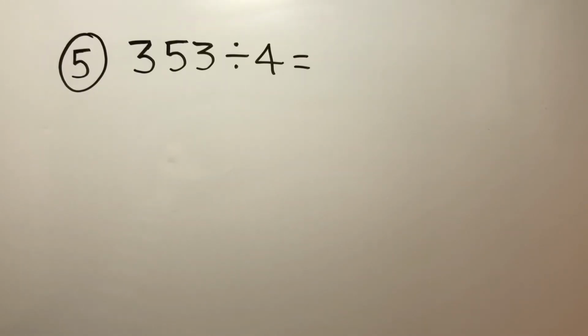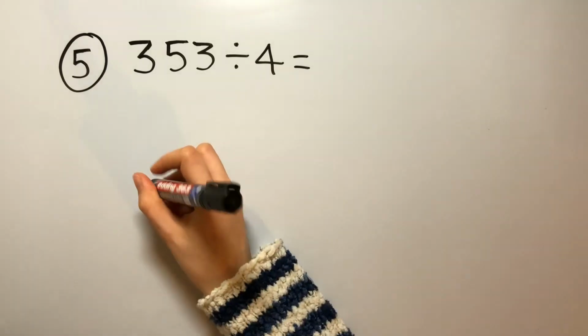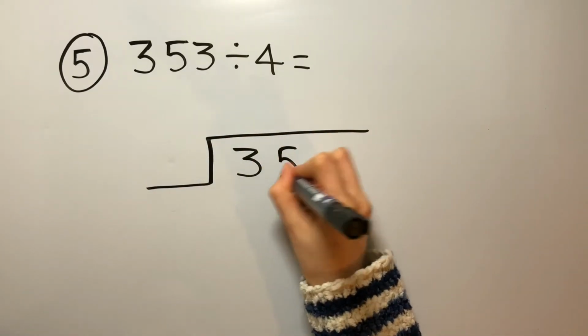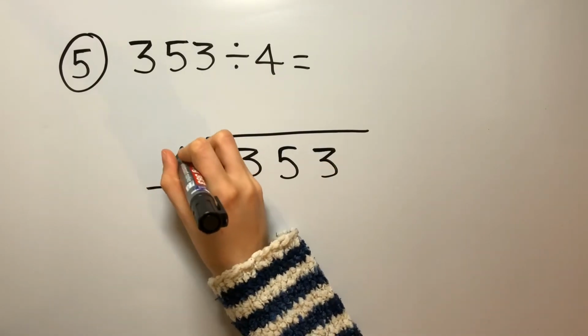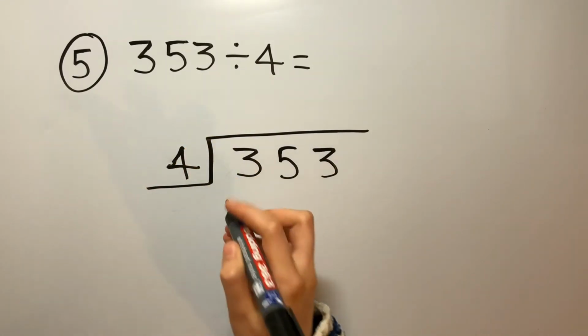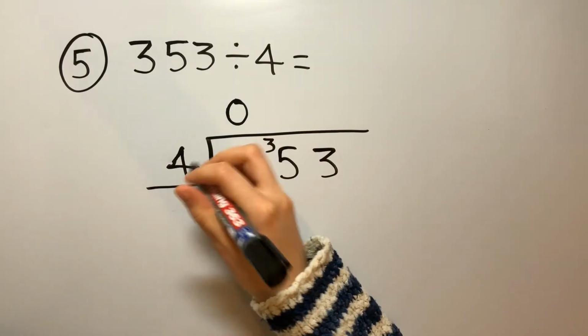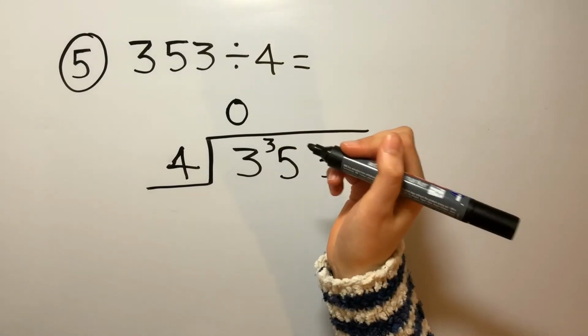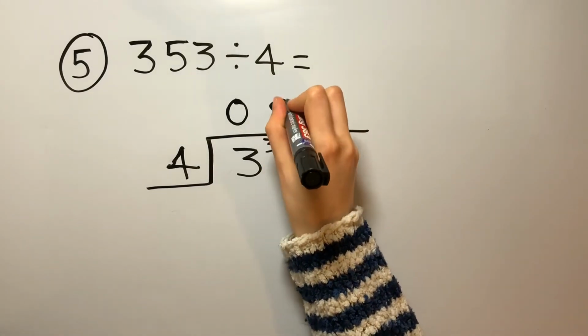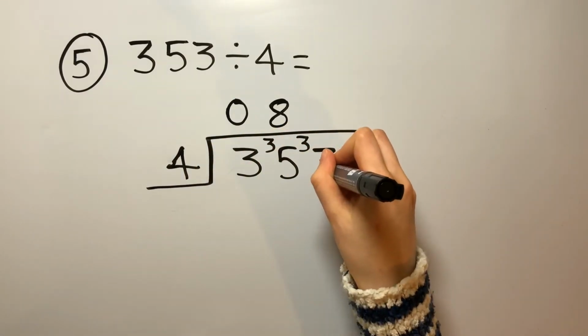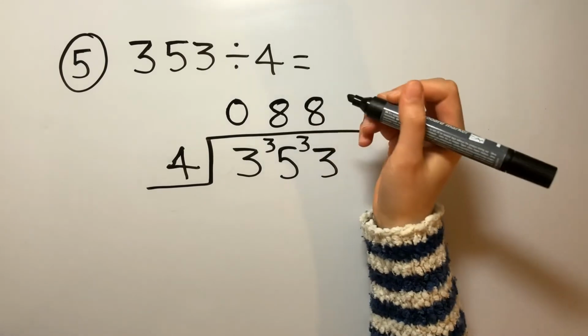Question 5. 353 divided by 4. To work this out, we are going to be using the bus stop method. 353 divided by 4. 4 into 3 goes 0 times, carry over the 3. 4 into 35 goes, yes, that's right, 8 times, carry over the 3. 4 goes into 33, 8 times, remainder 1.